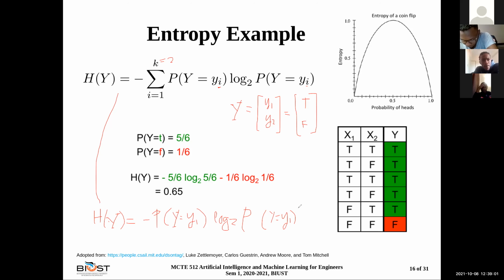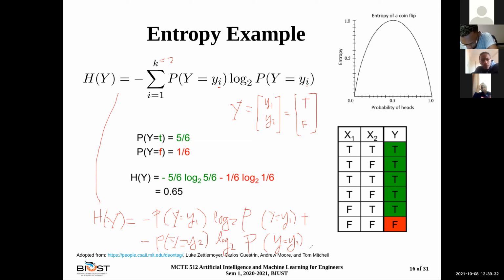And then plus the negative of the probability of big Y equal to Y2, log 2 of the probability of Y equal to Y2.